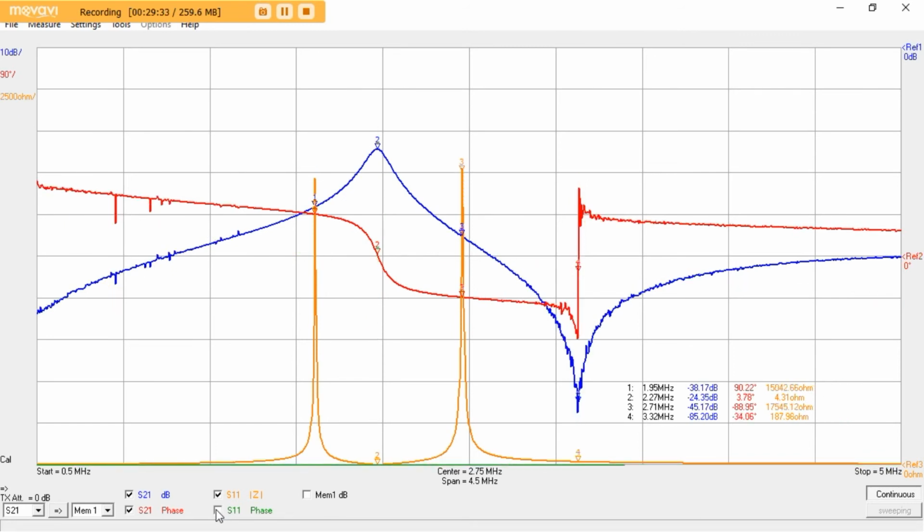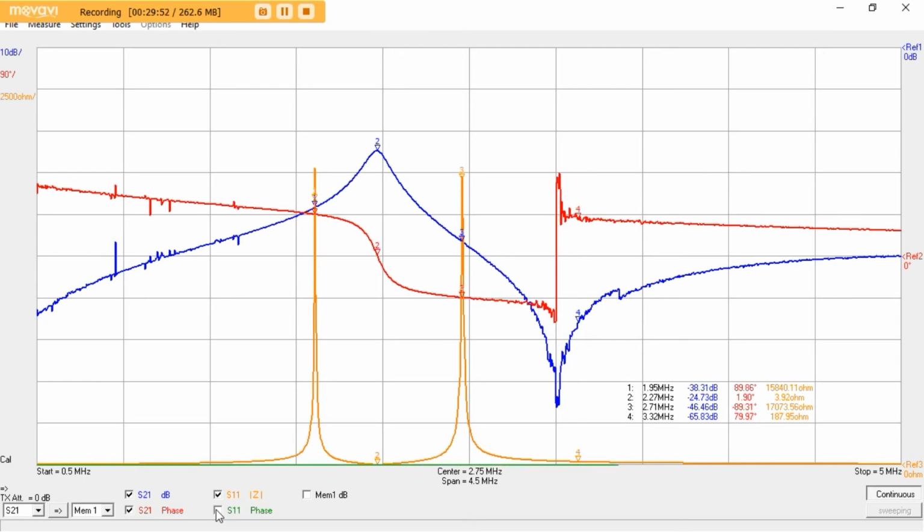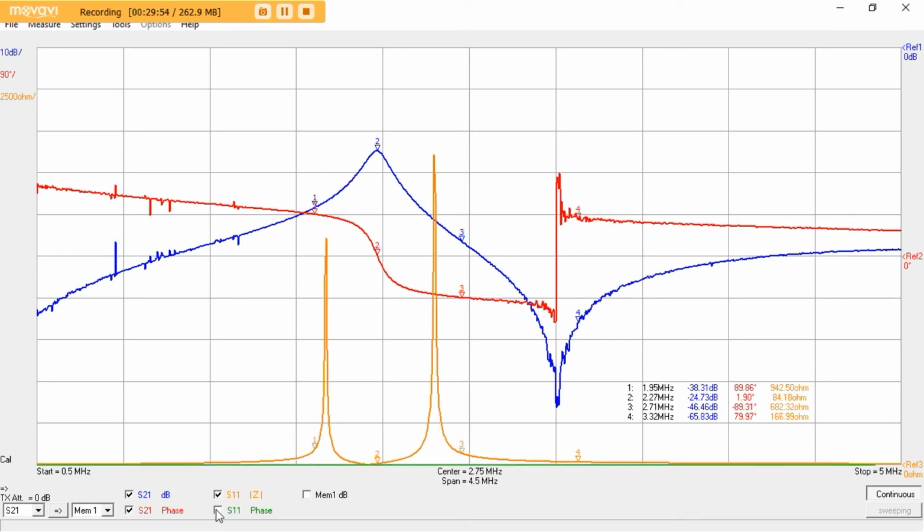Now what I'm going to do is leave that scanning, and move the secondary coil away from the primary coil. So I'm moving it away.